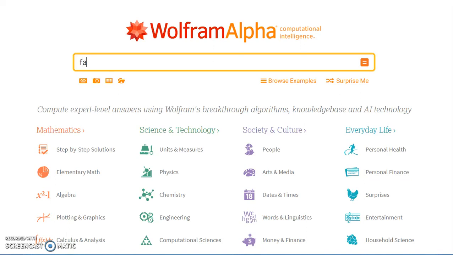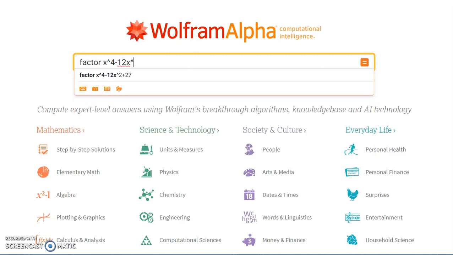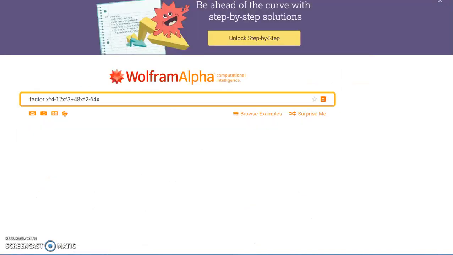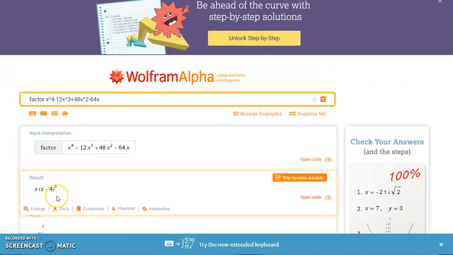For example, if you want to use Wolfram Alpha, you just say factor x to the fourth minus 12x cubed plus 48x squared minus 64x, and hopefully I typed that in right. And there we have it.